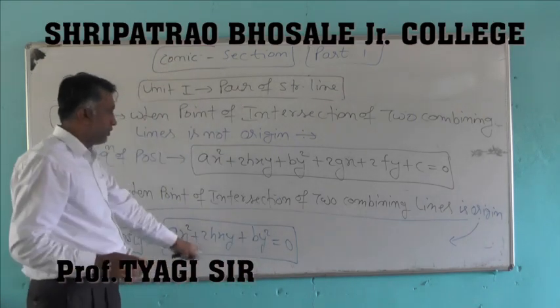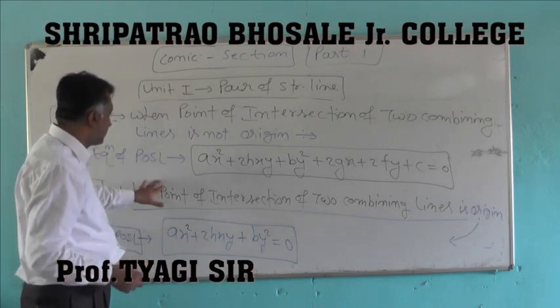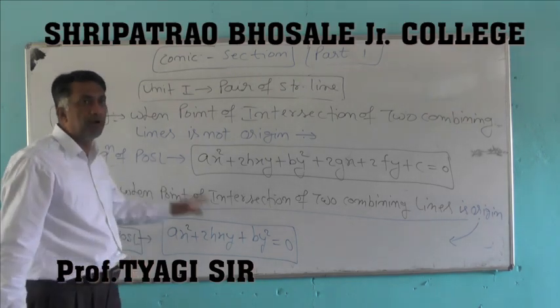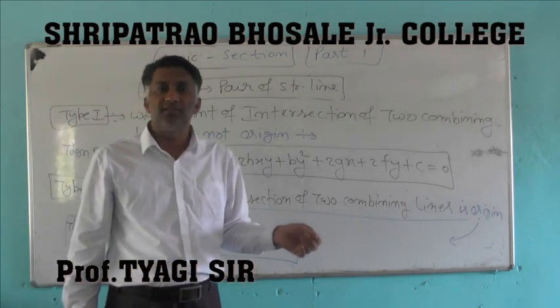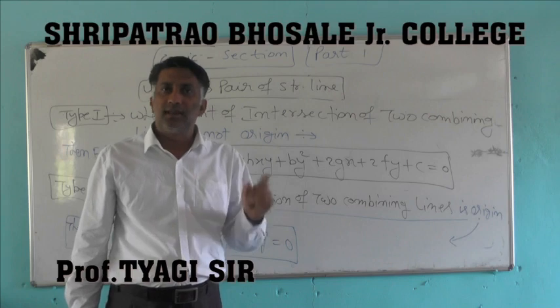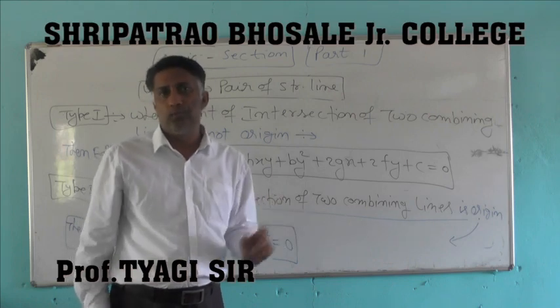Now we have two kinds of pair of straight lines. It is very important for us, especially the type where the point of intersection of 2 combining lines is origin. Now the real pair of straight lines will start.